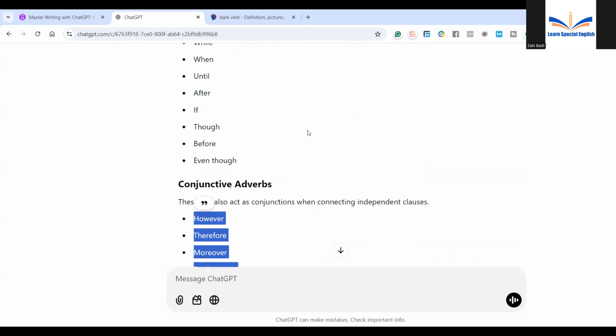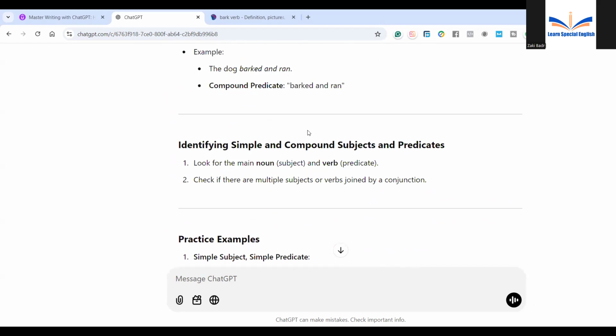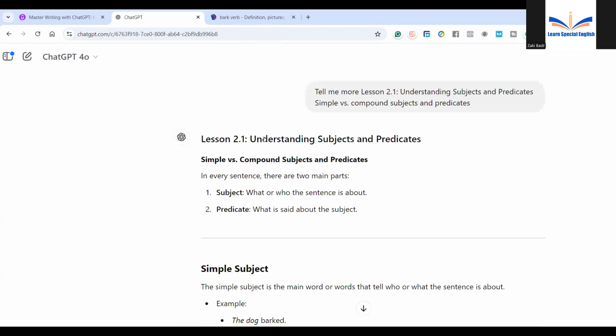All right. So in this session, we talked about understanding simple and compound subjects and predicates. The subject does something, or is the topic that we are talking about. So if I say John plays football, the question is: who plays football?